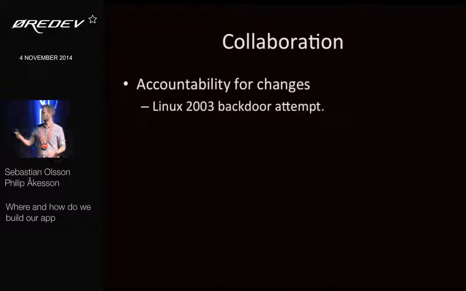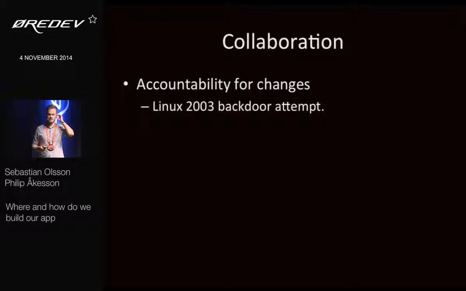For example, I don't know if anyone here knows about the Linux 2003 backdoor attempt, where someone actually managed to update a CVS clone of the BitKeeper original repository for Linux, and there they added a backdoor attempt where they removed an equal sign in a comparison, making the user root. And they found out about this when it was checked against the BitKeeper repository.